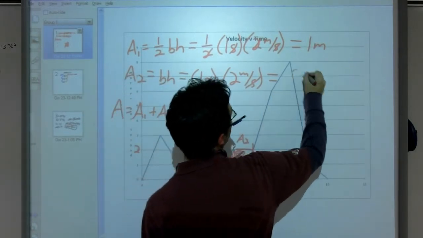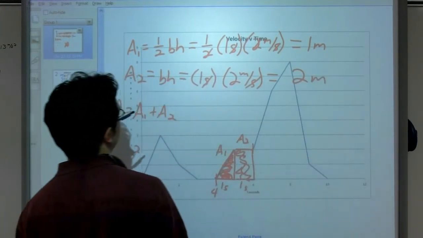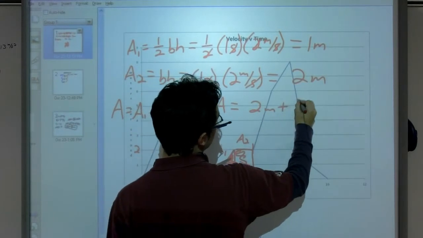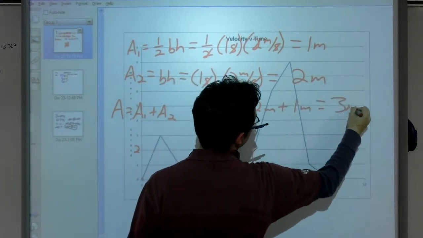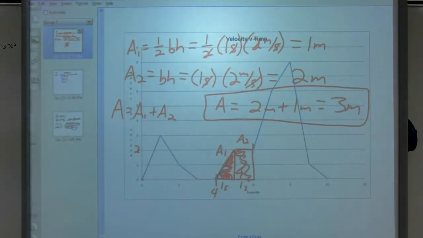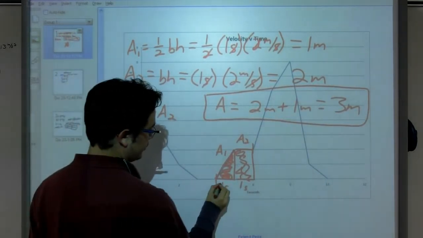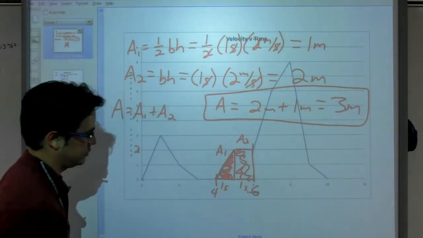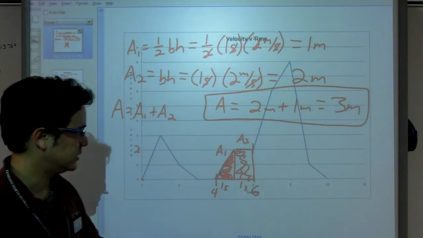And so I end up with 2 meters. So my total area equals 2 meters plus 1 meter equals 3 meters. So I found my total displacement for this particle from time equals 4 to time equals 6, just by splitting it up, looking at the areas, and adding them together.